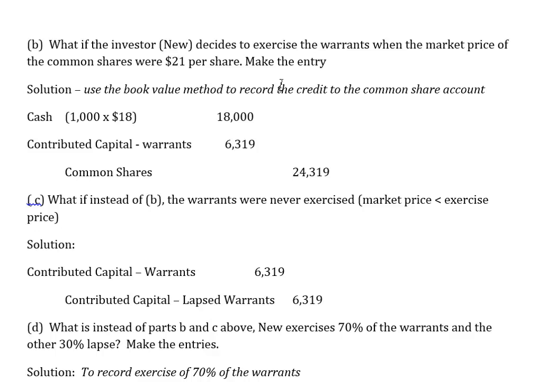So I just used the $21 to show you that in this situation, because the market exceeds the exercise price, this is a situation where the warrants could be exercised. And in fact, they did exercise them in Part B.